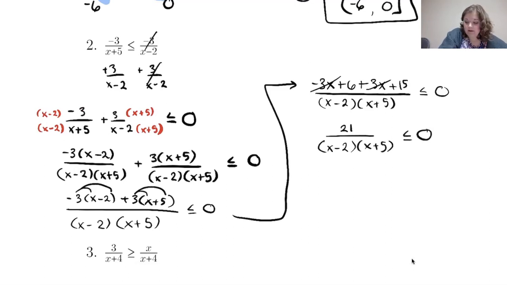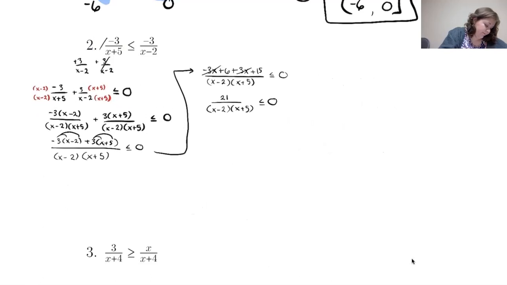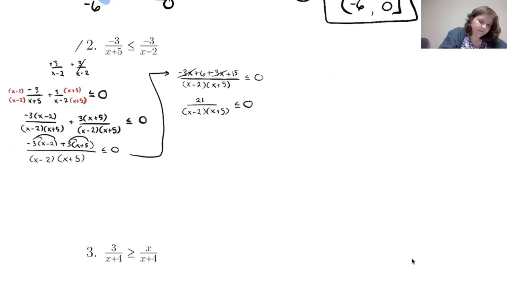All right. So once we get that, we have it in the form where it's a fraction on one side and 0 on the other. So now I'm going to make this all a lot smaller and give myself a lot more room, because we have to do the actual 4 steps of the problem.